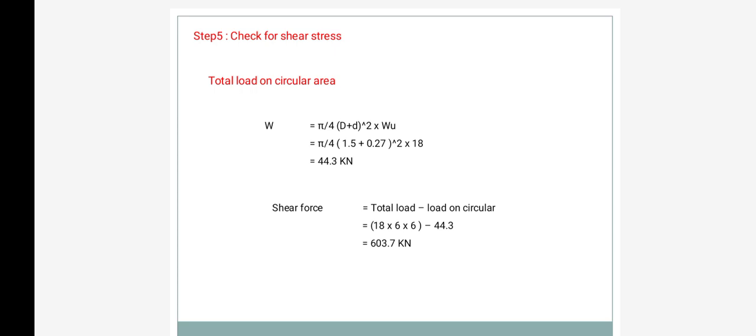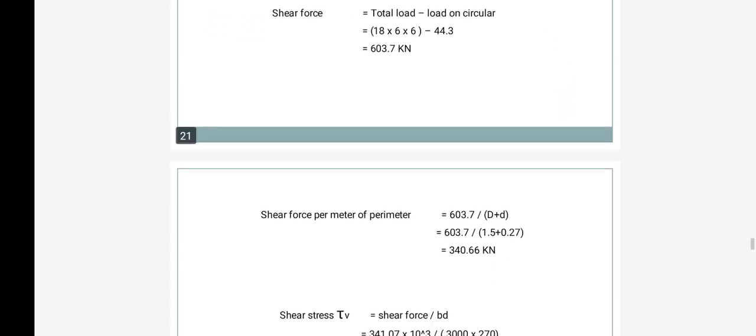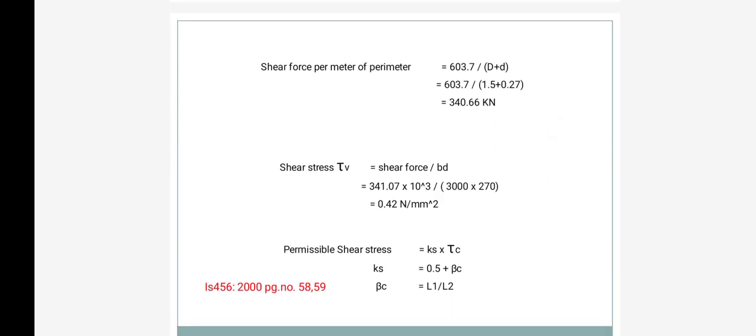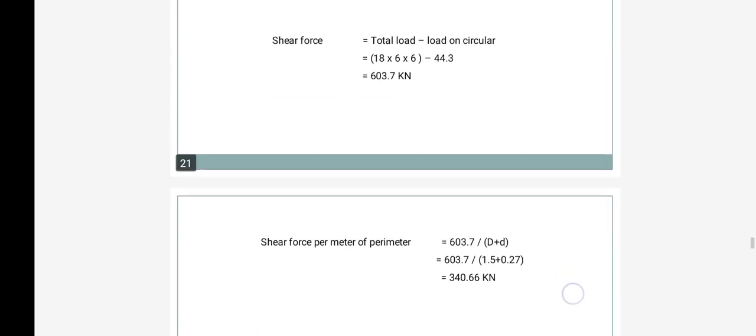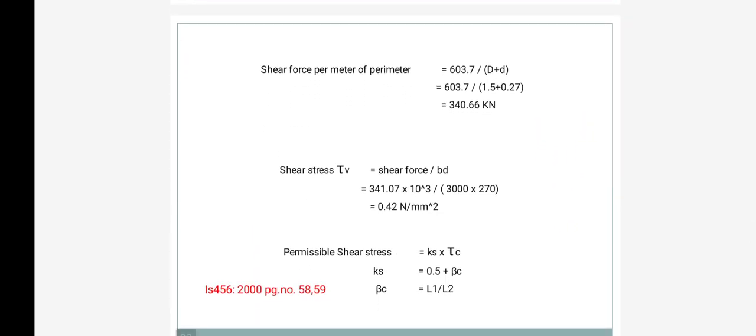Then shear force is equal to total load minus load on circular area. So total load 18 into 6 into 6 minus load on circular area, 44.3. Shear force is equal to 603.7 kilonewton. Then shear force per meter of perimeter is equal to shear force divided by capital D plus small d.